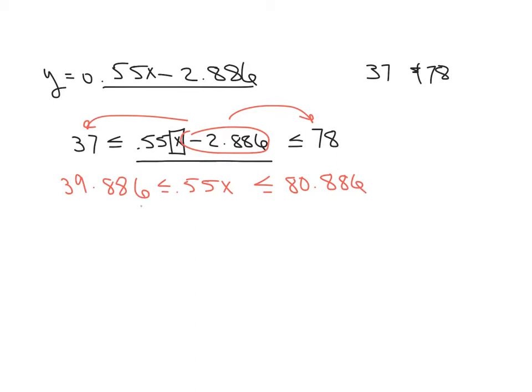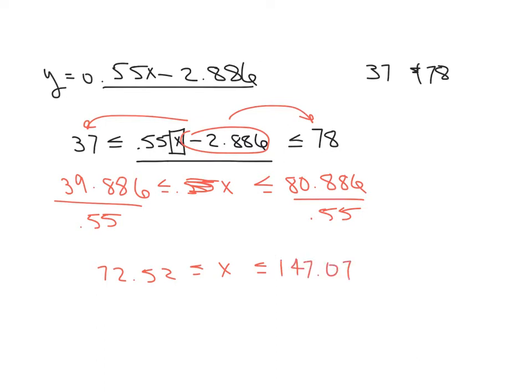Okay, then we're going to divide both sides by 0.55, and again, we did not divide by a negative, so signs do not change. So that goes away, and we're left with 72.52 and 147.07. All right, so what does that tell us?